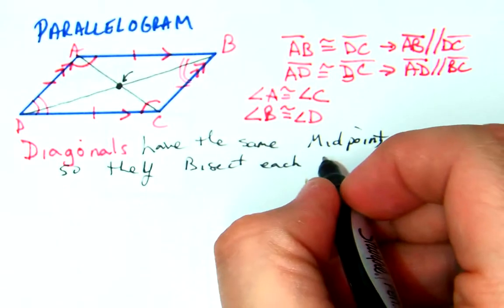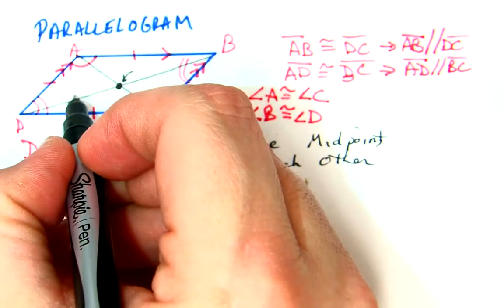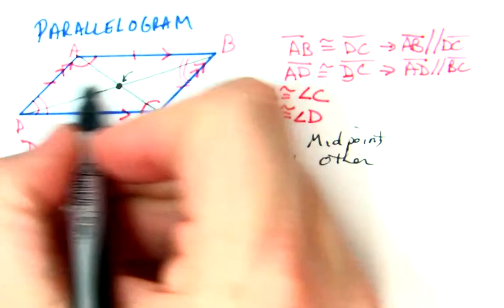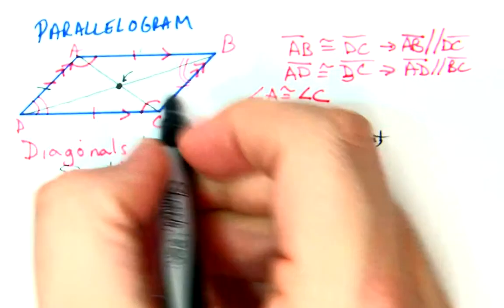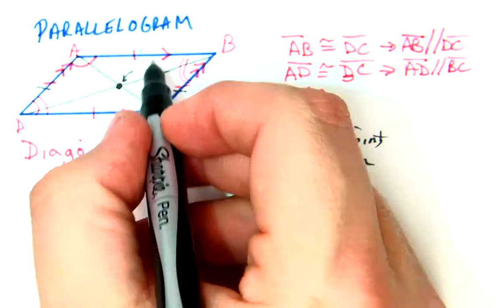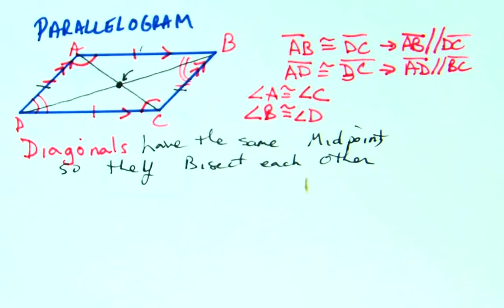So they bisect each other. So this side right here, actually, if that's 1, 1, I have to put 2 here and 2 here. Because if all of them had 1 mark, what does that mean? They're all congruent, but in parallelograms, they're not all congruent to each other. So I made a mistake there. But we fixed it. Good to go.